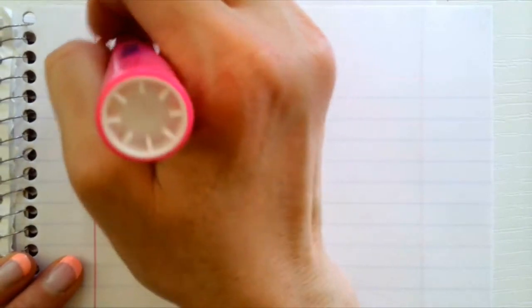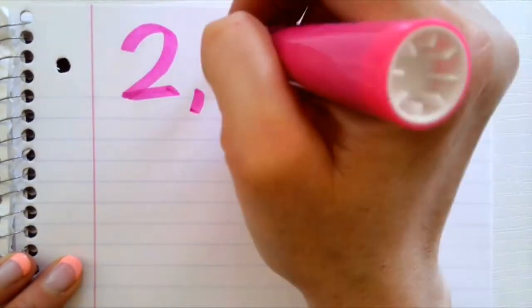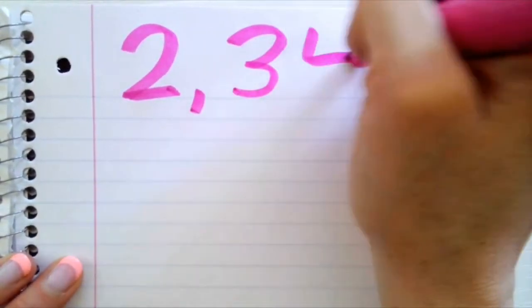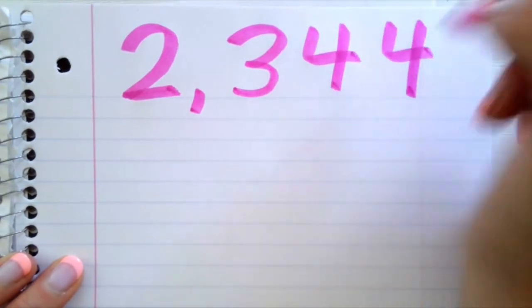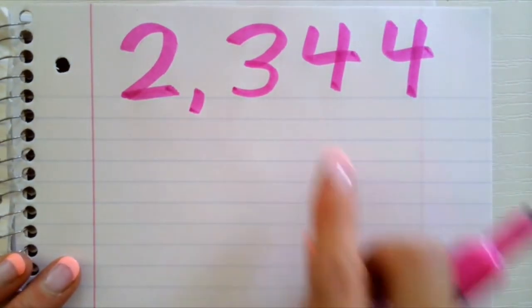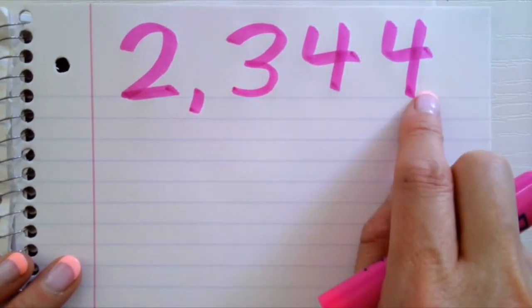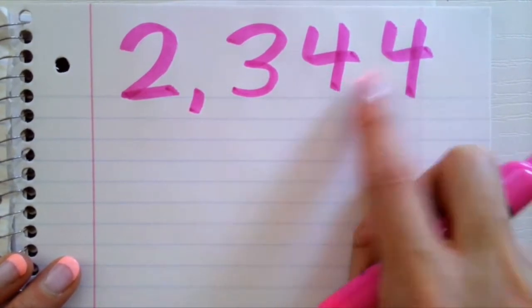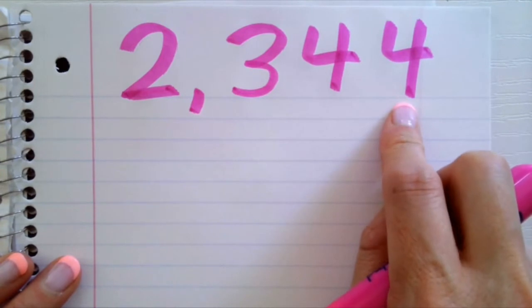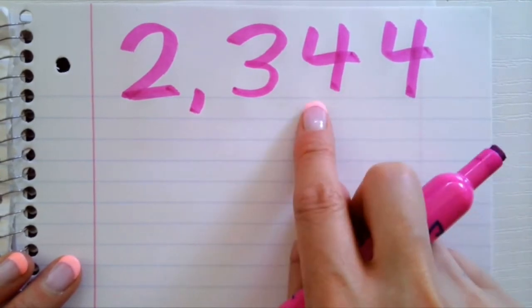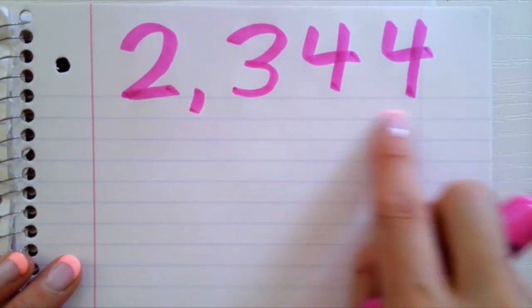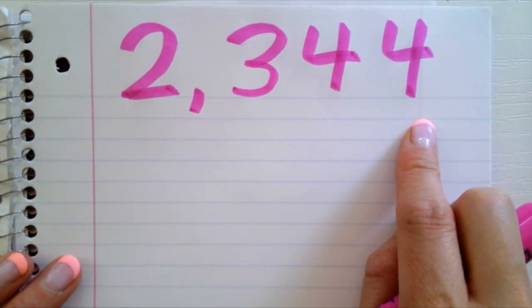Let's write a number together at the top of our paper. Again, we have two digits that are the same. I would like us to compare these two 4s with a multiplicative comparison. It's the same digit in two different place values. What is different about the value of each digit?